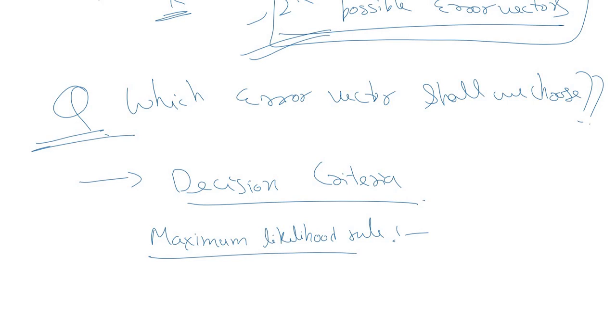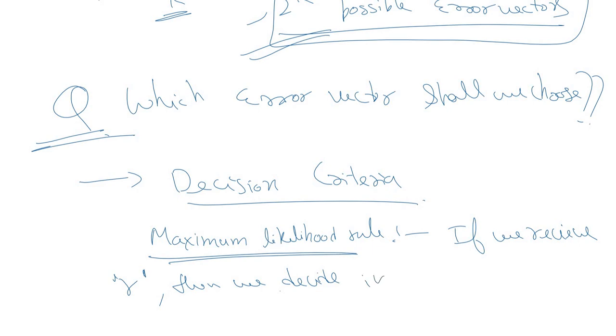I'll just write down this definition of the maximum likelihood rule in the context of this decoding process: if we receive code word R, then we decide in favor of that code word C for which R is most likely to be received.